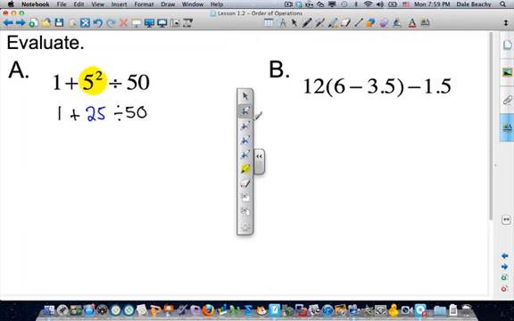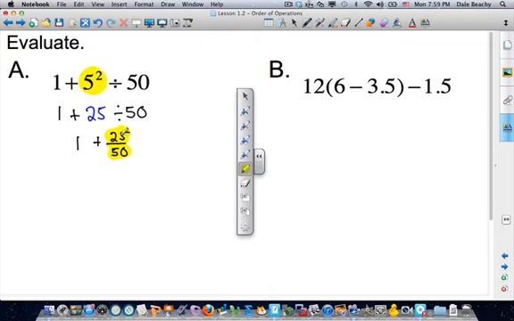Now the next step will be to divide 25 divided by 50. We can simply rewrite that expression as a fraction. So 25 divided by 50 becomes 25 over 50. Bring down the plus sign and the 1. Now before I go any further, I want to look at my fraction and see if we can simplify this fraction.